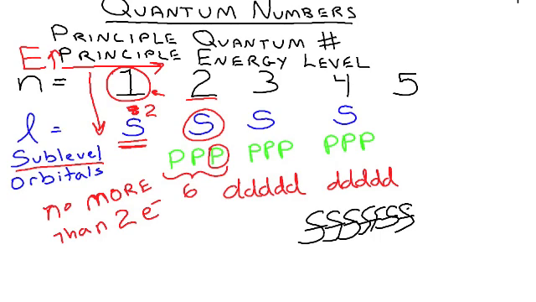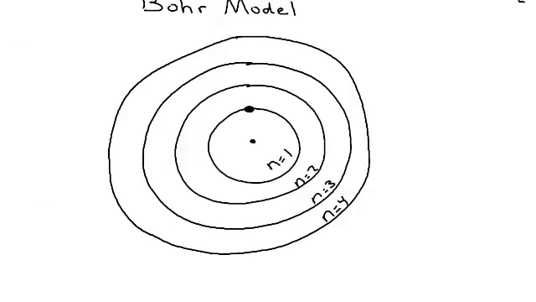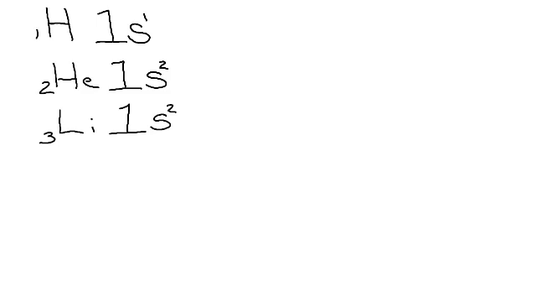Second principal energy level, and the lowest level orbital is an S. So we'll write a 2 for the principal energy level, S for the orbital, and there's only 1 electron there. Note, 2 plus 1 is 3.